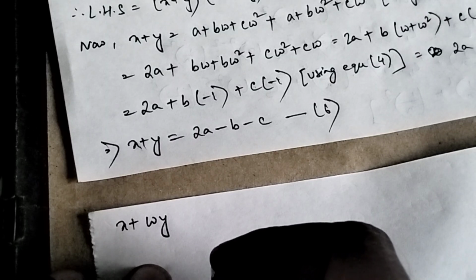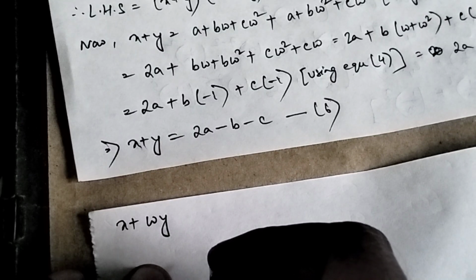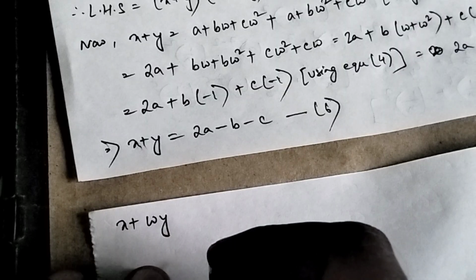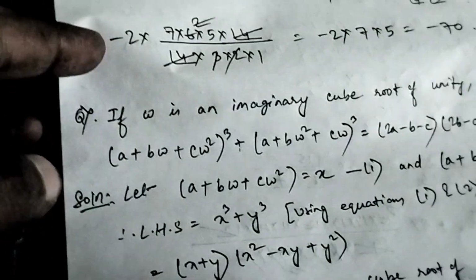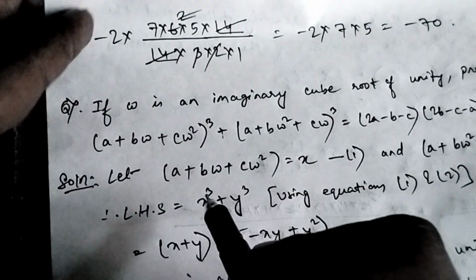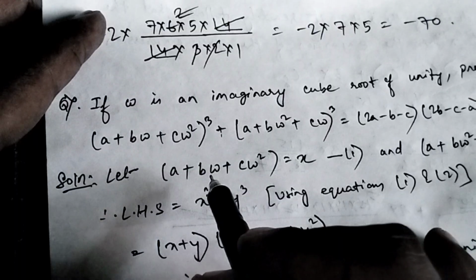X plus omega y. Acha, what is x again? Come back to equation 1. In place of x we can write a plus b omega plus c omega square, plus omega into y.